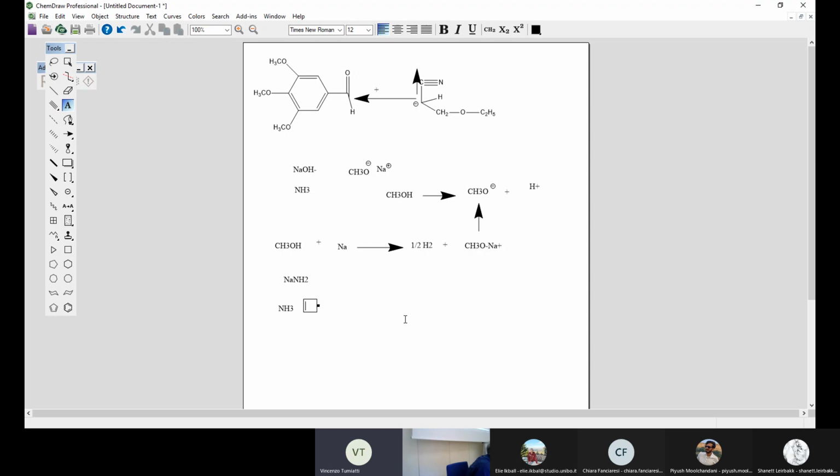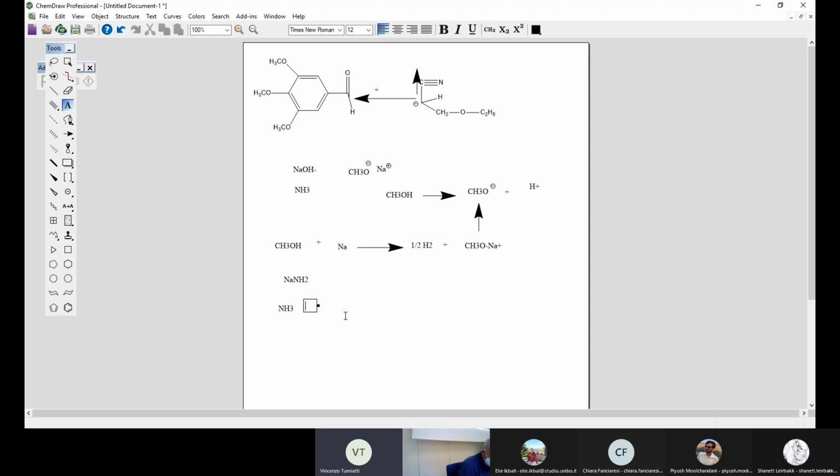You know ammonia is a gas in normal conditions at room temperature. But if we work at minus 80 degrees, we have liquid ammonia. In the liquid ammonia, we can put some small pieces of metallic sodium.